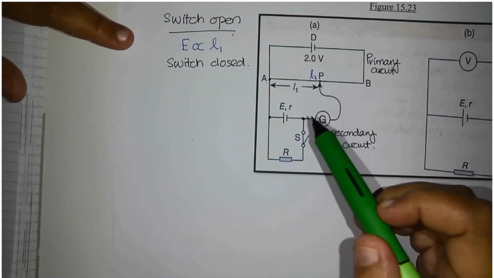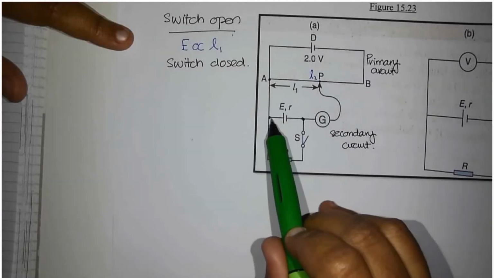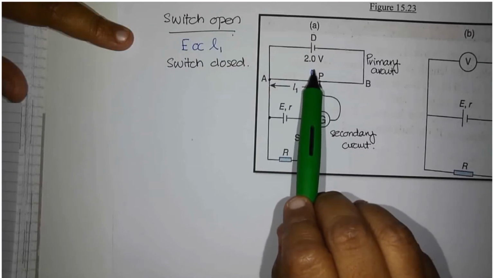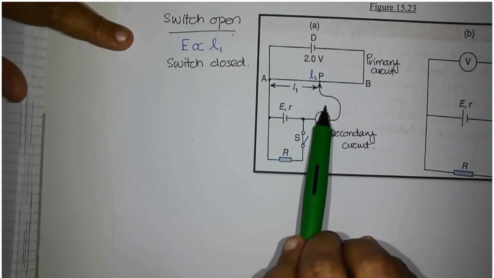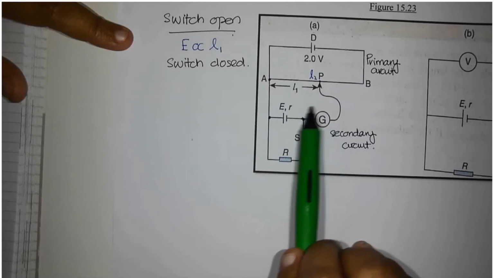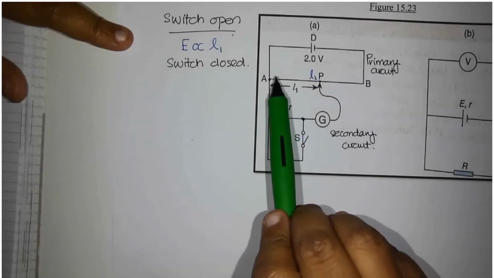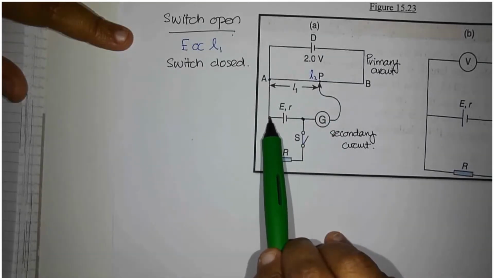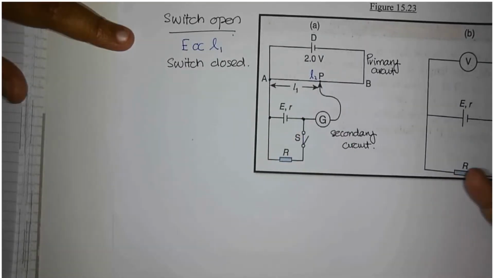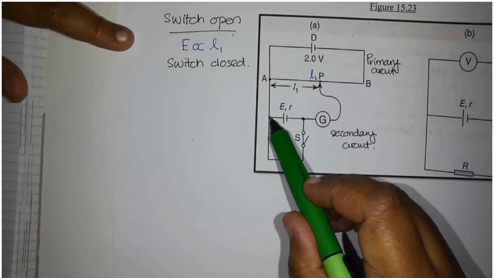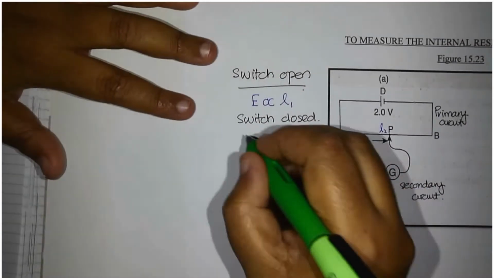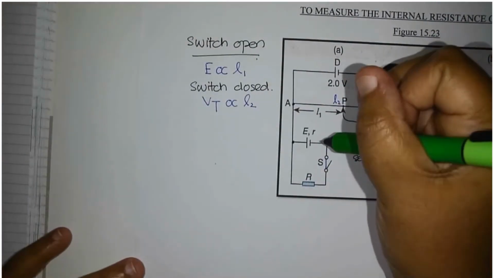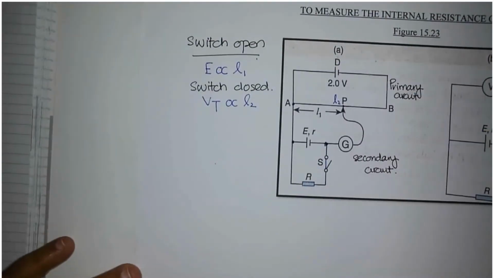You slide the slider until the galvanometer points to 0. Then the voltage between here and here is balanced with the voltage between here and here, and therefore the voltage here and here is directly proportional to L2. But what is the voltage between here and here? It is the terminal voltage, because the switch is closed, so it will measure the terminal voltage.